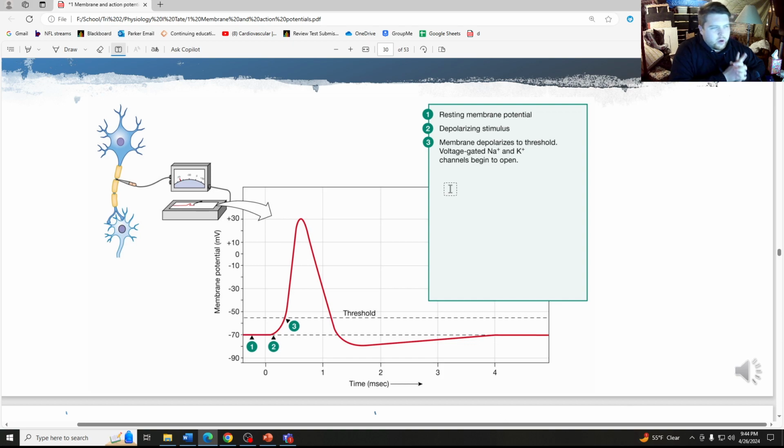I will go with what this professor is saying right here, but understand that there's a little bit of disagreement about exactly when the channels start to open, start to close, all that kind of stuff. So you'll see different graphs all over. Pay attention to what your specific teacher, your specific professor says about this, and follow whatever it is that they specifically say. So as soon as we reach threshold, we have voltage-gated sodium channels and the voltage-gated potassium channels begin to open.